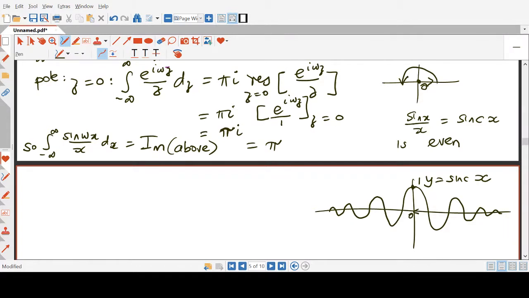Notice the symmetry, because I know it's even. So we are saying that the area underneath that graph is going to be pi. If you add up all these bits and pieces below it, all these parts here, believe it or not, they will all add up to pi.